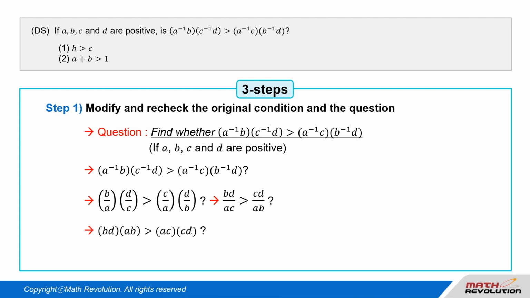If we cross-multiply, we get b times d times (a times b) greater than a times c times (c times d). This then simplifies to a times b squared times d greater than a times c squared times d.